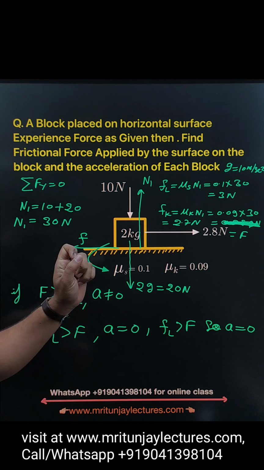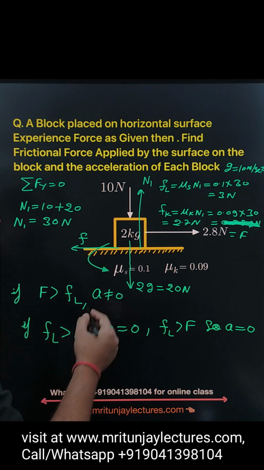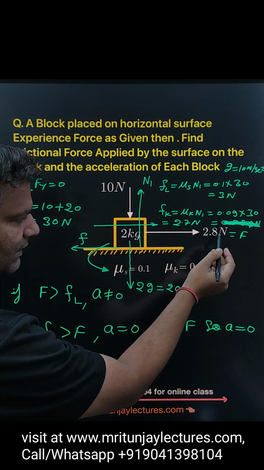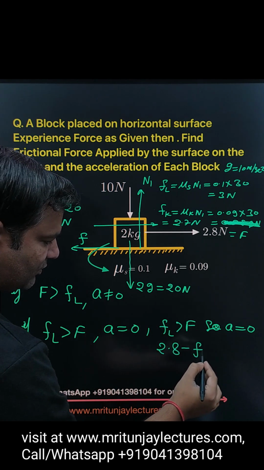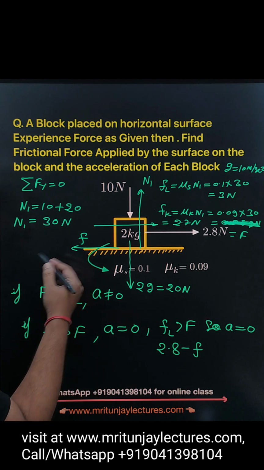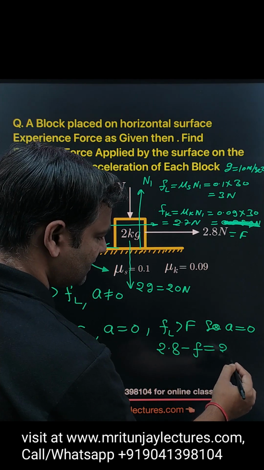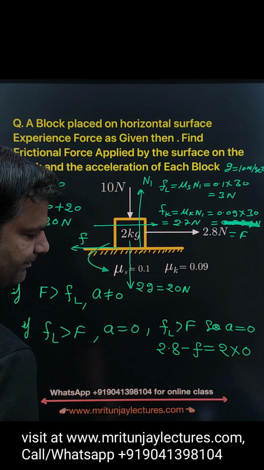Then what about the frictional force at that time? If you apply Newton's second law in this direction, the driving force is 2.8 and the frictional force is unknown, suppose F. This equals mass into acceleration. The acceleration is 0 because the block is not moving, so 2 into a, which is 0.